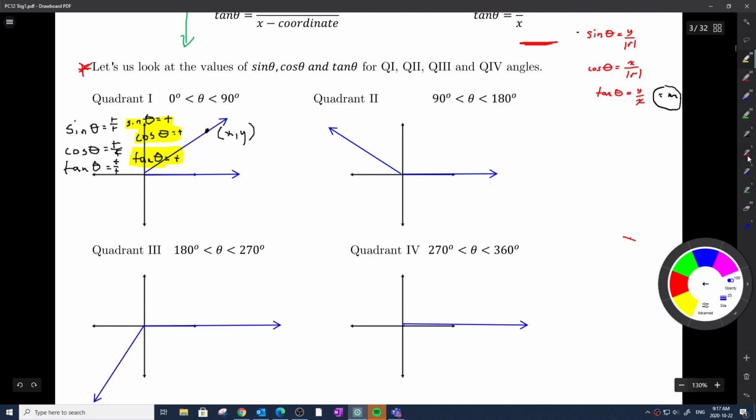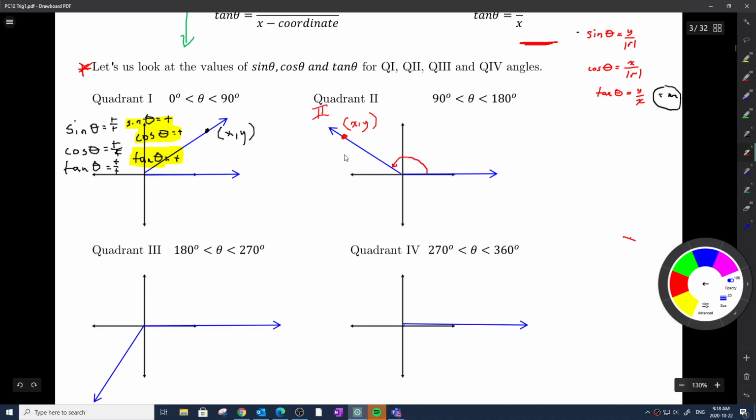Let's move on to quadrant number 2. Now quadrant number 2 looks like this. And the terminal point here, or a point on the terminal arm, is x, y. Now, is x positive in quadrant number 2, way over here?